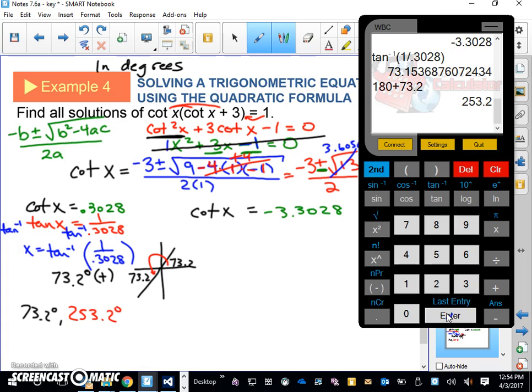Okay. So then we look at the other one, and the other one we got to do kind of the same thing. We can't do an inverse cotangent, so we have to do a reciprocal here. Change it into tangent. Tangent x equals 1 over negative 3.3028. We can do an inverse tangent. X is going to equal inverse tangent of that reciprocal.